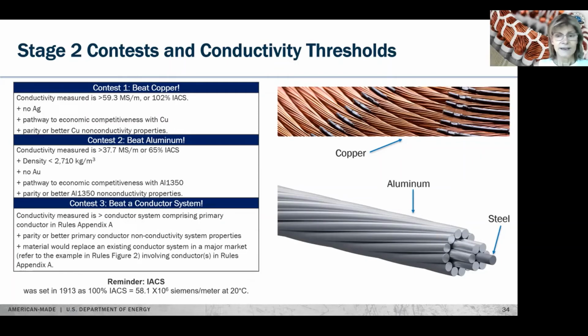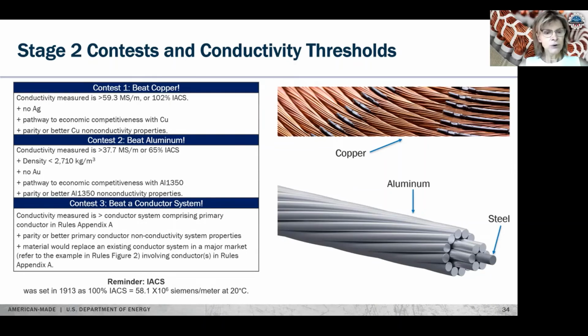Okay, now for a little more on the conductivity competition. As Cameron mentioned, this slide is so important that we're repeating it, except this time with more details. The most important part of contest 1, of course, is the conductivity in megasiemens per meter, which should exceed that of the best commercial copper, or 102% IACS. A couple of other caveats.